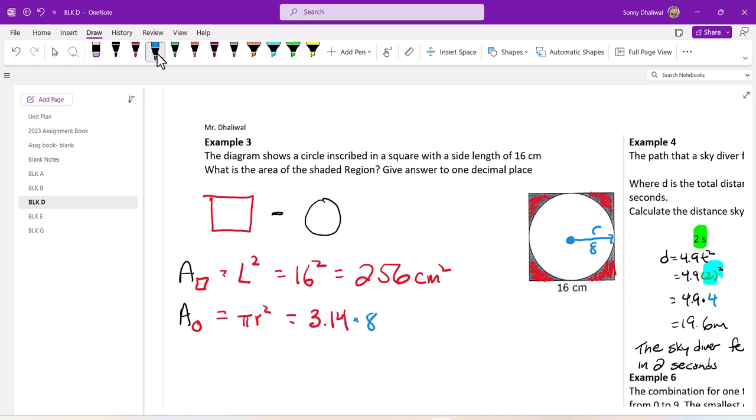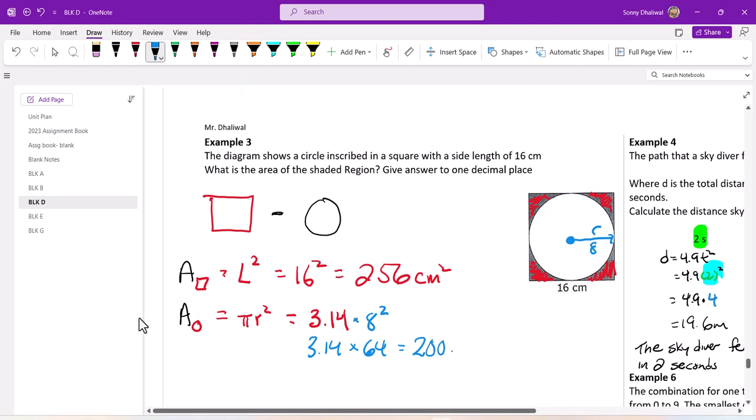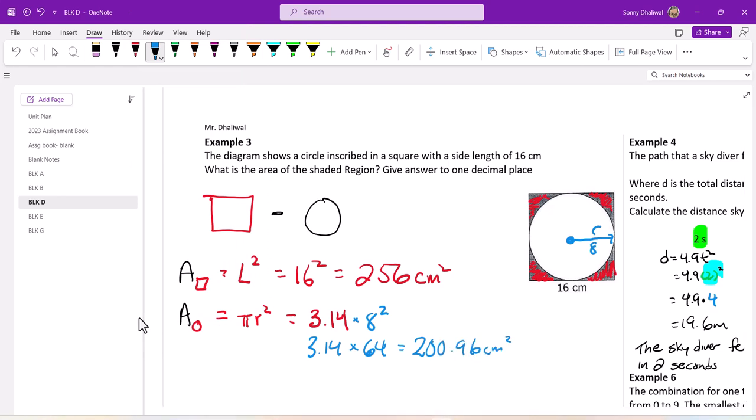So, times 8 squared. So we have 3.14 times 64. Grab a calculator. 3.14 times 64, and I get 200.96. We round it to 201, or?